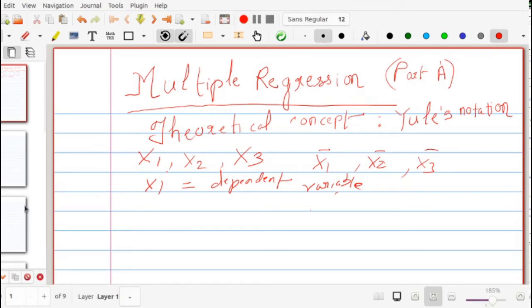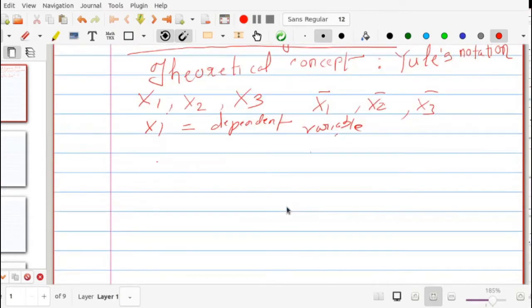So let me share the example or the formula with you. As per Yule's notation, which is widely accepted in the statistical world, the multiple regression relationship is x1 is equal to a plus b12.3 x2 plus b13.2 x3.